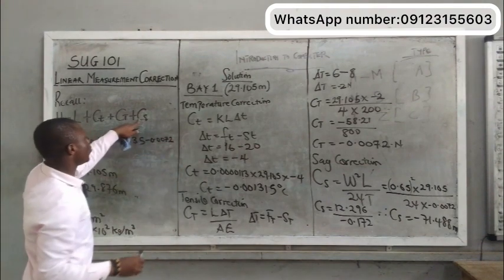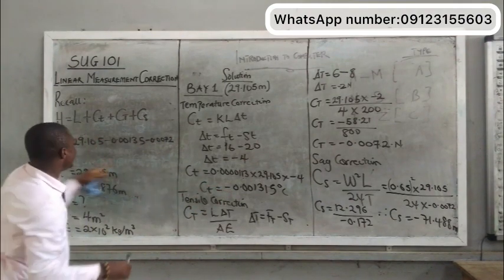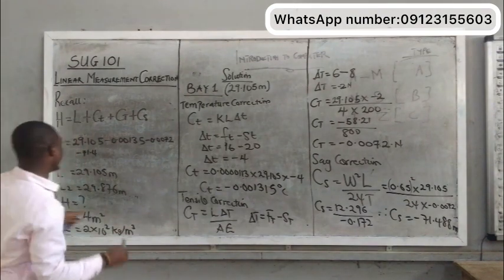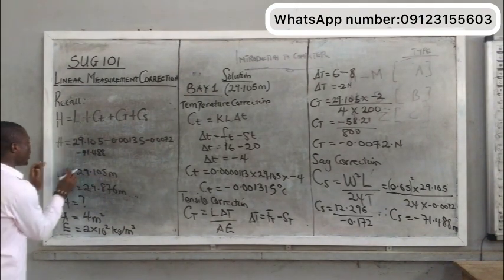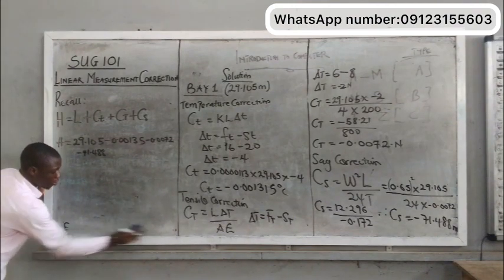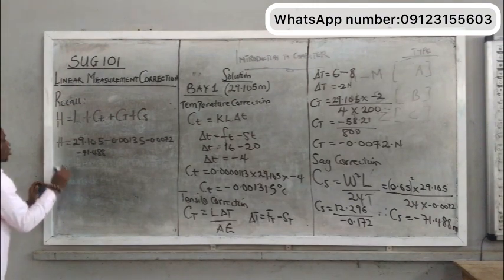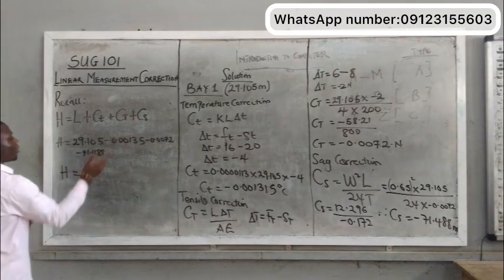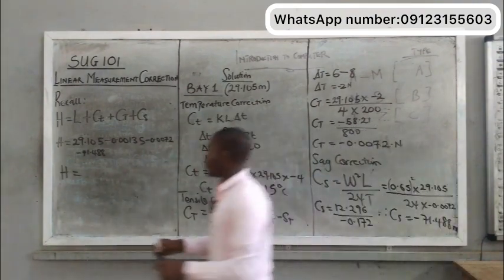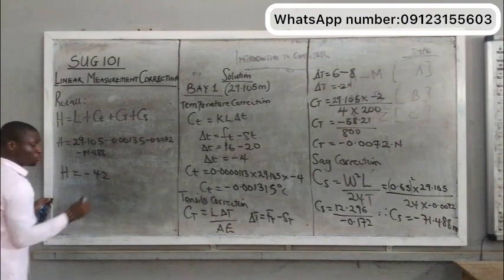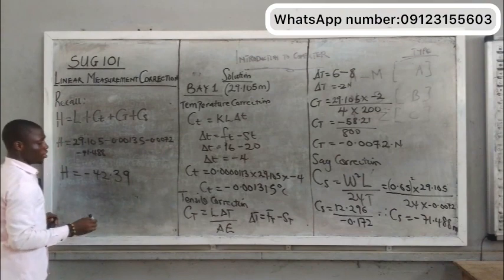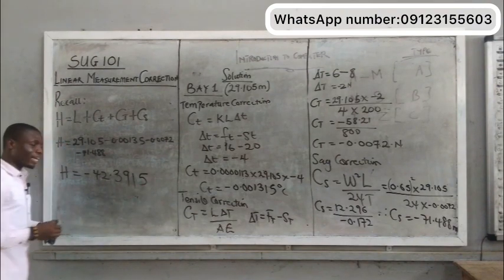Also, lastly, side correction is minus 71.488. Give me my total length, please. What's my answer? My H is equal to what? Give me the value, please. Minus 42.39. 39.15.